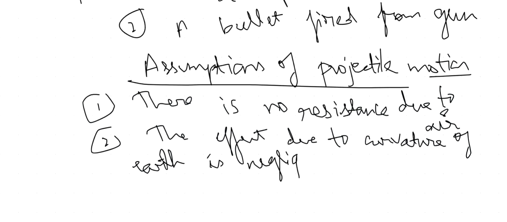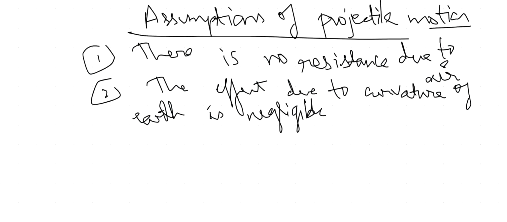So these are assumptions of projectile motion. There is no resistance due to air, meaning whenever you throw any body, there is air resistance which opposes the motion. If anyone falls from a height, air resistance always pulls you.